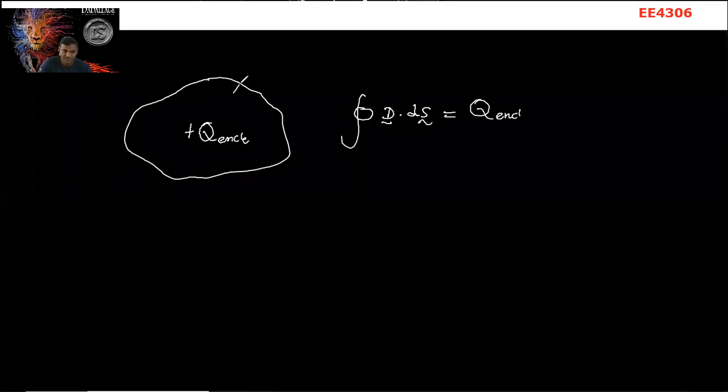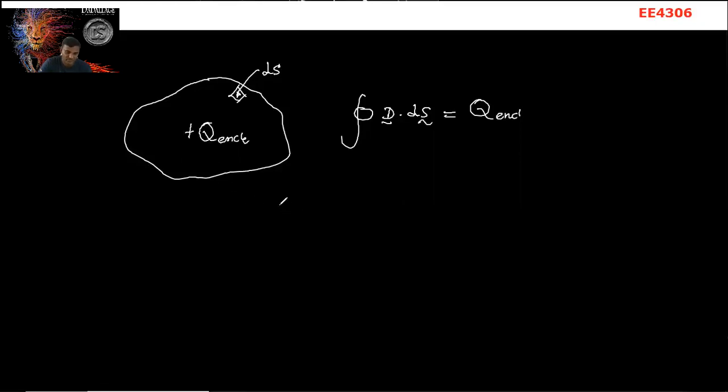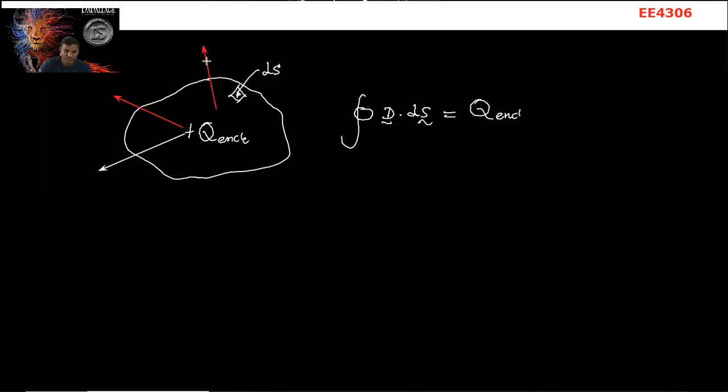dS represents the differential surface area of this Gaussian surface. This surface we call the Gaussian surface. There might be some electric flux across this surface.